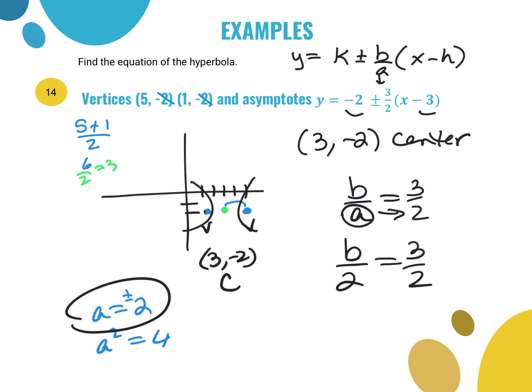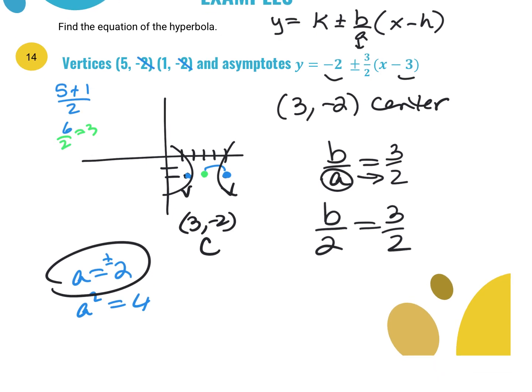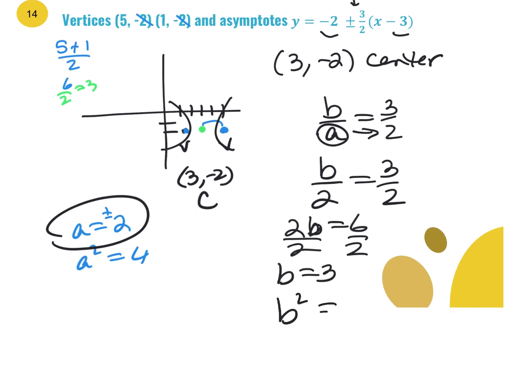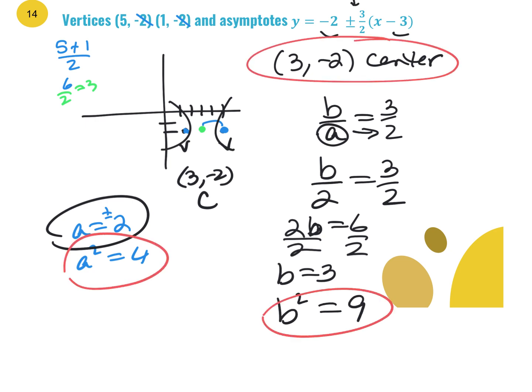Without even cross multiplying, it's an equivalent fraction, it's the same thing, but I'll cross multiply. 2B equals 6, divide by 2, B equals 3. So B squared equals 9. So again, I need A squared and B squared. And this time I need my center point to plug into the equation.